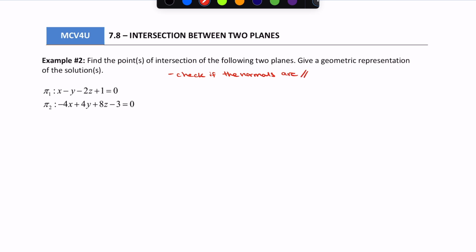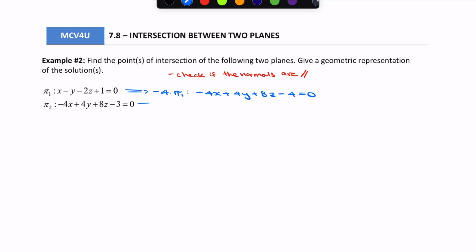If we take the first plane equation and multiply that by -4, that will give us -4x plus 4y plus 8z minus 4 is equal to 0.